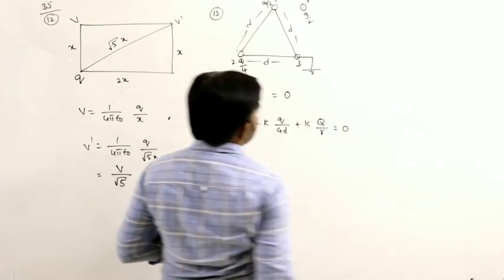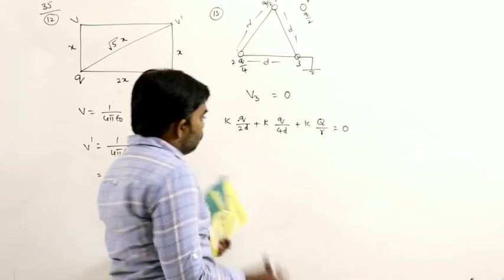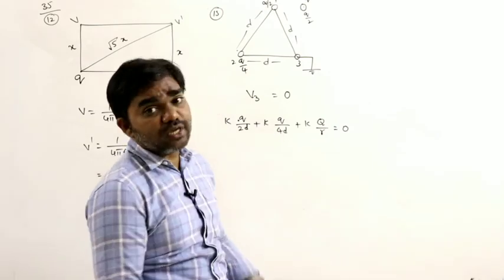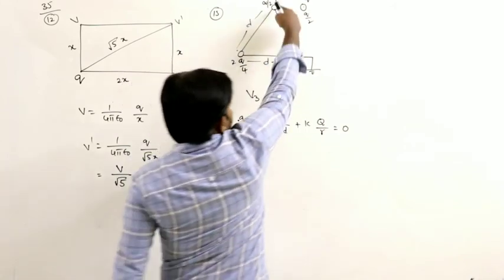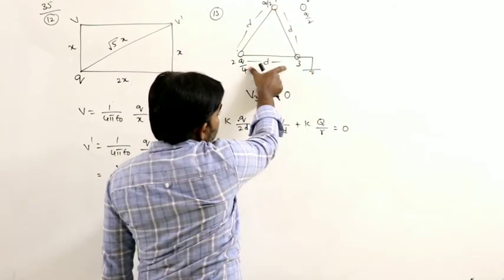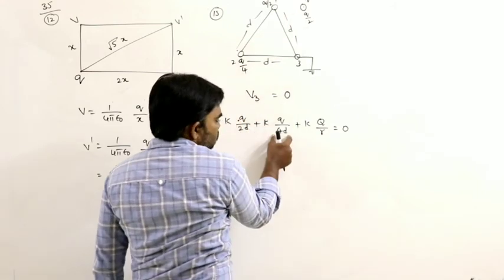Why are we not considering the radius here? Because the given condition is d is very much greater than 2r. When compared to this distance, the radius is negligible. So while calculating this distance, I am considering only d.